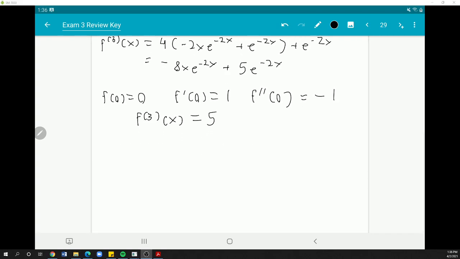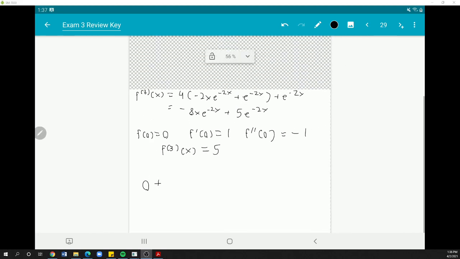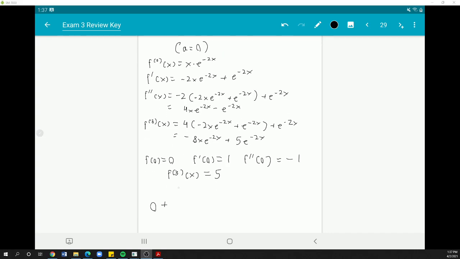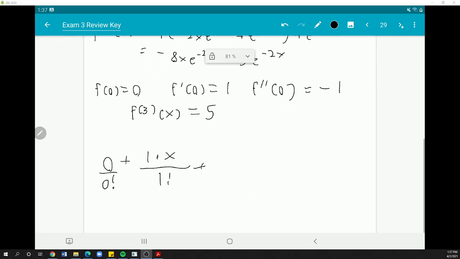And so I get the Taylor polynomial by definition is 0 plus, let's take a look back at the definition there, 1 times x minus 0. Also, if you want to be pedantic, this is over 0 factorial. Plus minus 1 times x squared over 2 factorial.